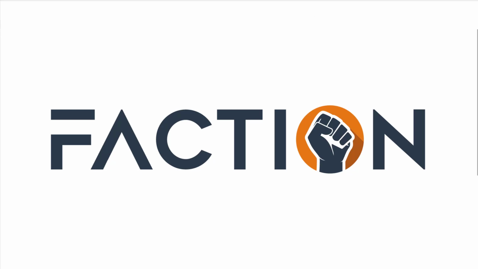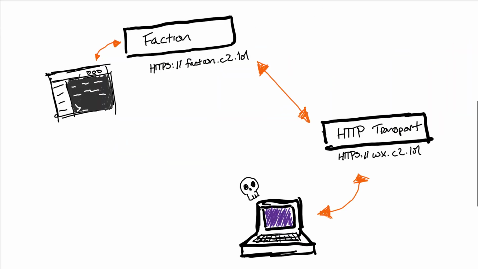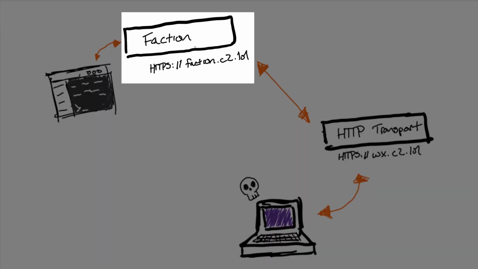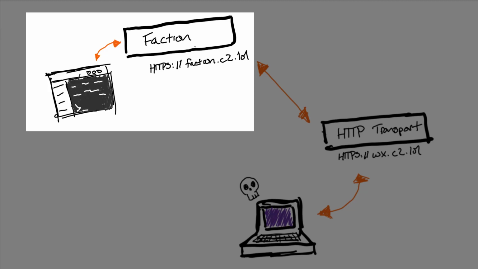So for this video, this is the setup that we're going to be working with. We have our HTTP transport on a separate server. It's communicating back to the Faction API, which is what you're talking to if you're using the web console to interact with Faction.